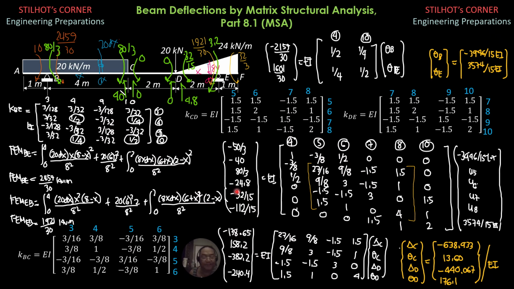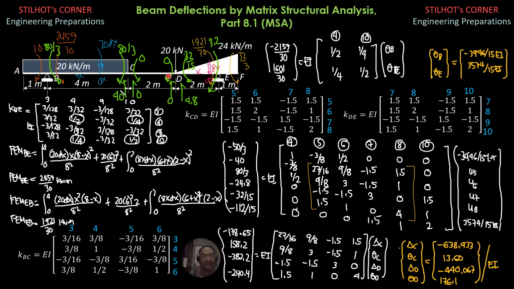Counterclockwise, possibly. Then at D, we have a fixed force 4.8, and if you apply that as a nodal load, it is downward. So there is already 20 plus 4.8, so 24.8 downward, that's negative 24.8.